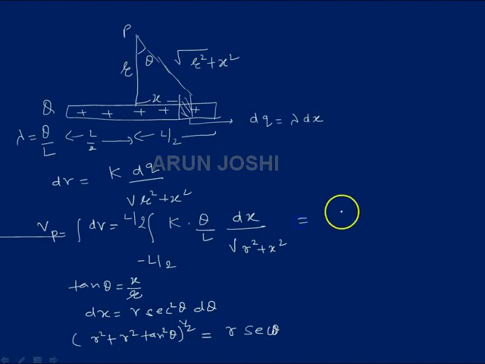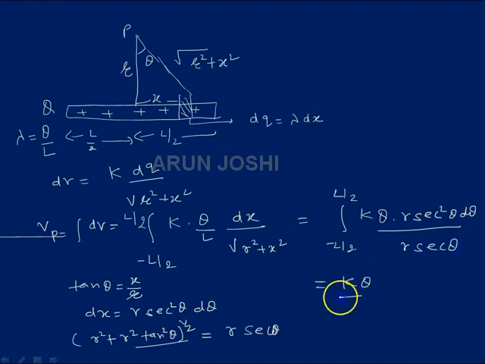So I put here all the values. Integration limit, you will say minus L by 2 to plus L by 2, k q. What is dx? It is r sec square theta d theta. What is root r square plus x square? That is r sec theta. So finally we get kq upon r, and r can be cancelled, yes, r can be cancelled.